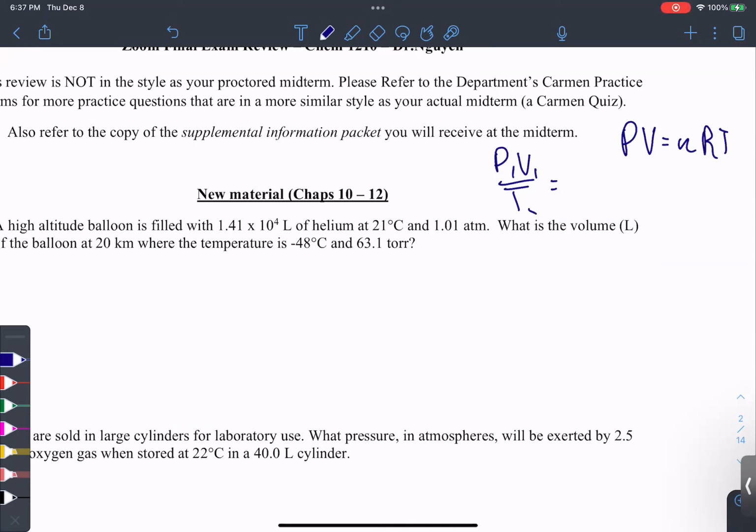You use the combined gas law because we have P1s, P2s, T2s. You have a sample and you change its conditions. We have a set number of moles of gas and all we're doing is changing the conditions, but the amount of gas is staying the same.